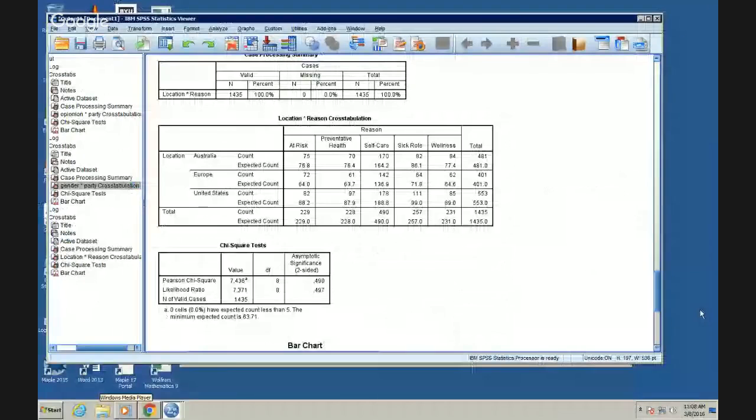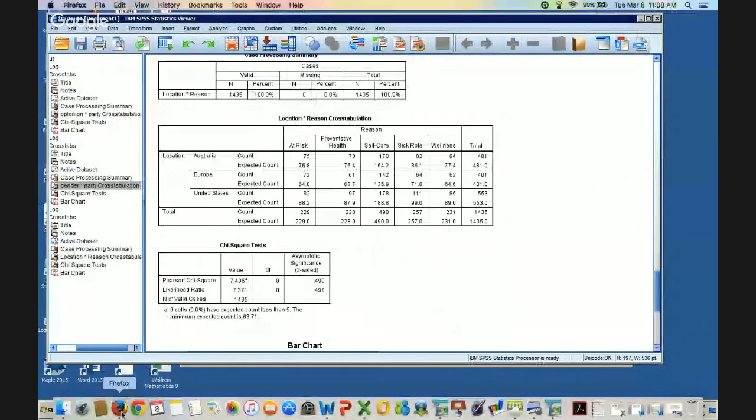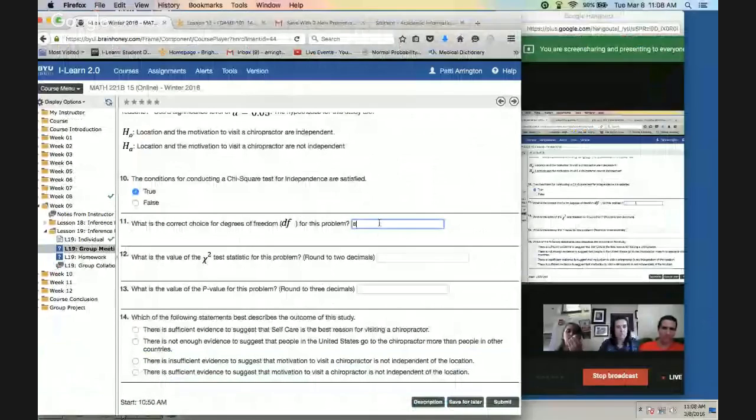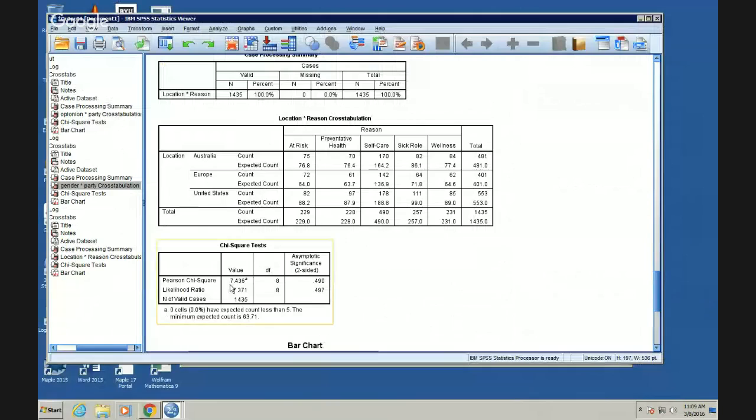So the degrees of freedom are 8. Okay, am I after you, Patty? I think so. Okay, 12. What is the value of the test statistic for this problem? 7.436.